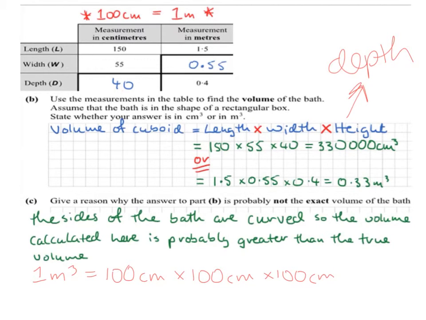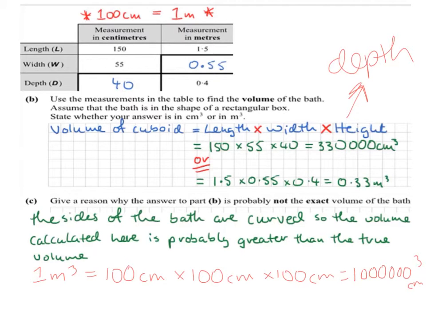Because volume is always length by width by height, 100 by 100 by 100 will give us 1 with 6 zeros, because we have 2 zeros, 2 zeros, and 2 zeros. So 1 with 6 zeros is really a million, and that's centimetres cubed. So 1 metre cubed is the same thing as a million centimetres cubed, which is why 330,000 centimetres cubed is the same as 0.33 metres cubed.